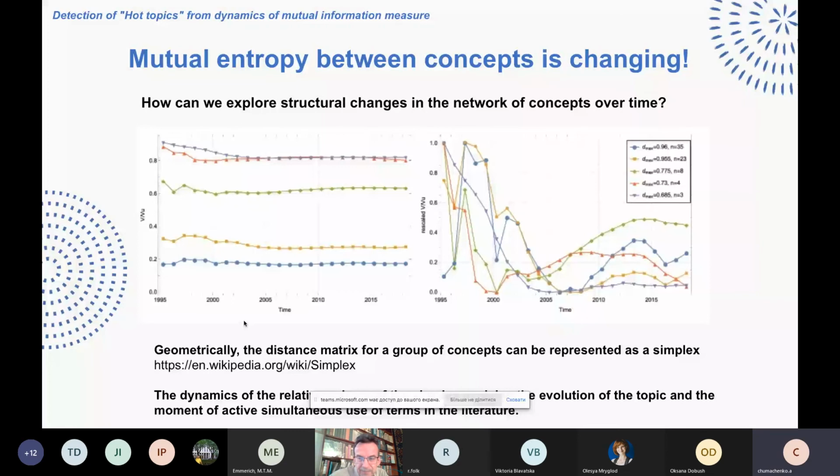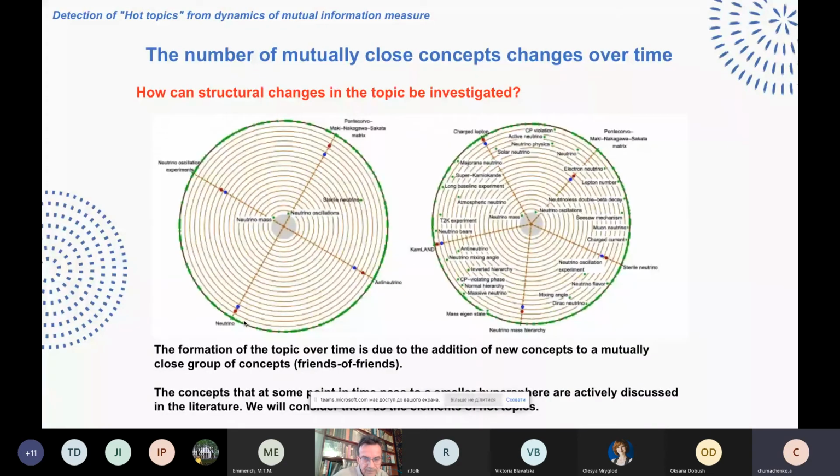Thank you. Okay, I think this slide explains how I will answer this question. For example, the problem is that for old concepts we already have some links, and they exist, but they can be weak, and they could get stronger with time, and we can trace how much stronger they became with respect to all the concepts in this group.